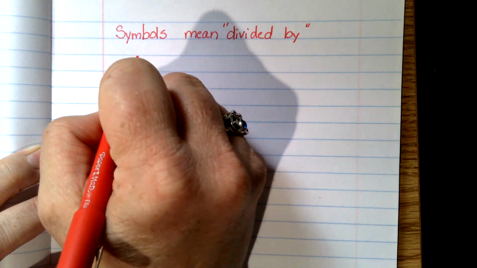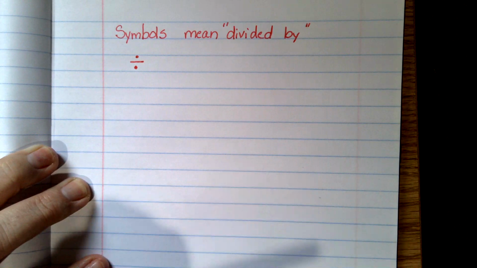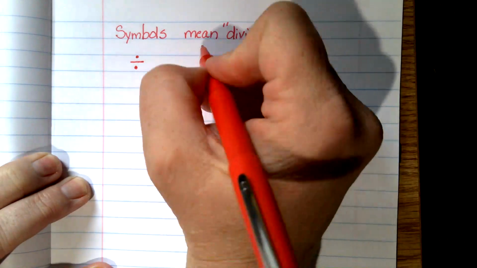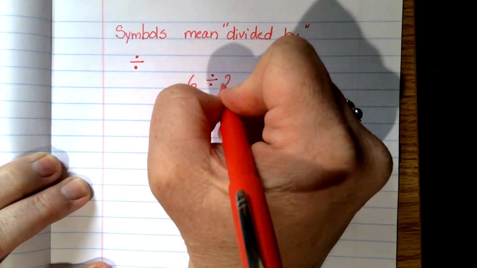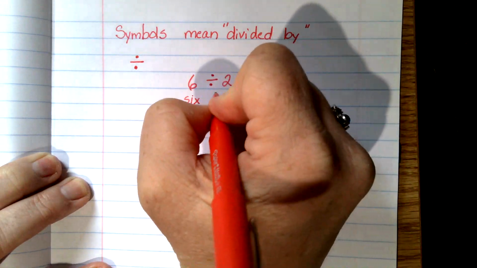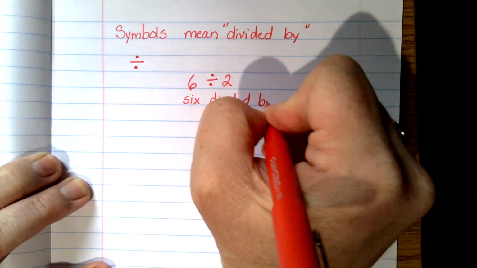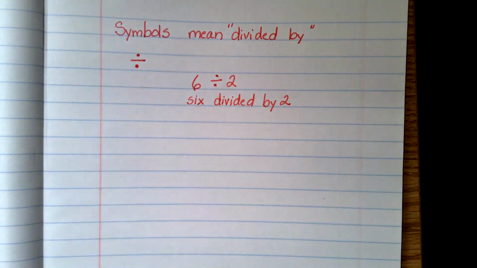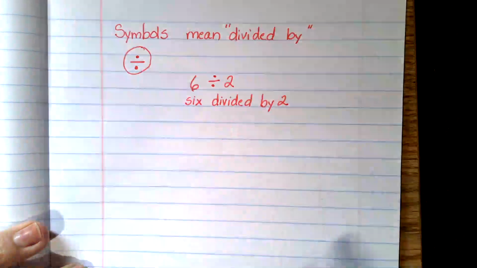It's a line that looks like a subtraction sign and 2 dots. So when we put this together with another number, we would do 6 divided by 2. And that's how we would read the number sentence. Okay, so that's one symbol that means divided by.